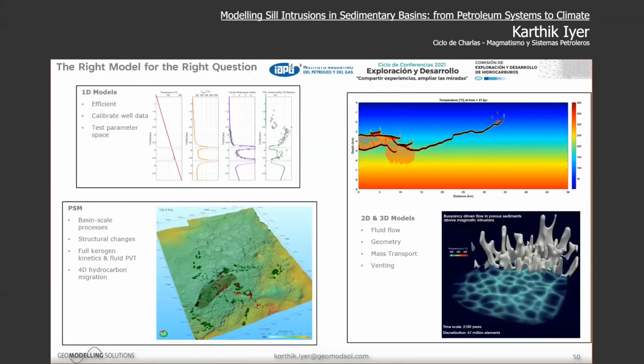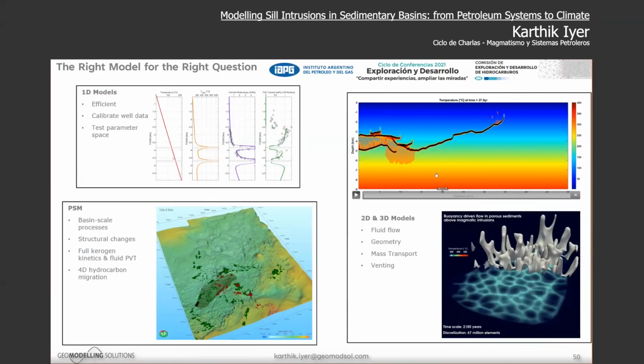So I think I'll stop there with this last slide, where I hope I've shown you that there are many questions we want to answer in such volcanic basins. And if we want to model them, I think we have to use the right model for the right question. 1D models are really cool. I like them. We can scale them up to basin scale, combine them like I just showed you, and get very far with them.